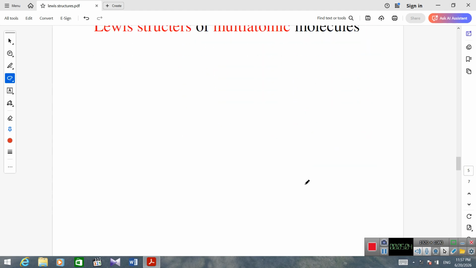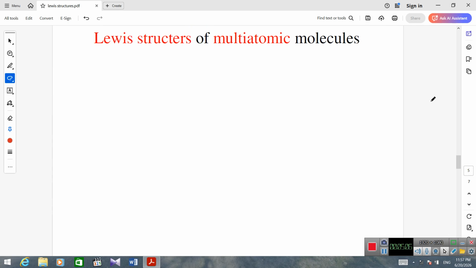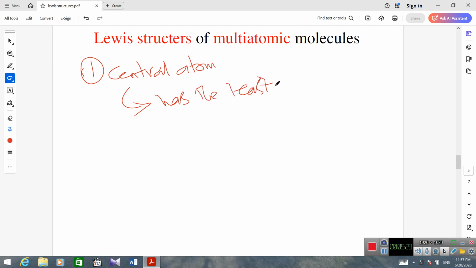But the Lewis structure of multiatomic molecules is a bit complicated because we must select a central atom. The central atom is the atom that has the least electronegativity among the atoms.